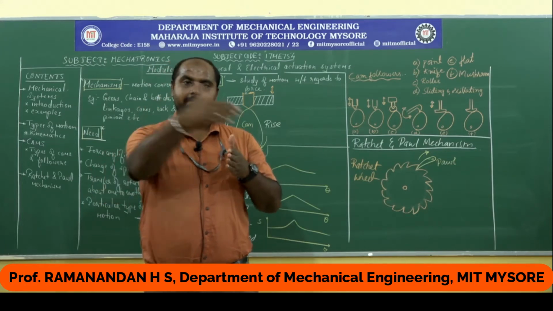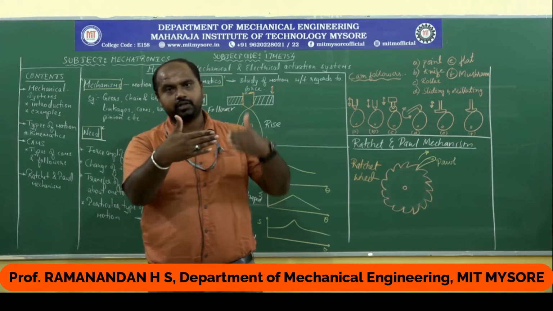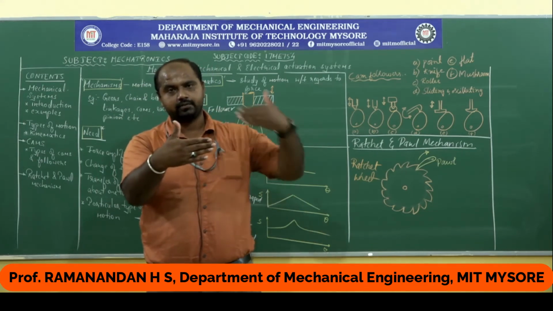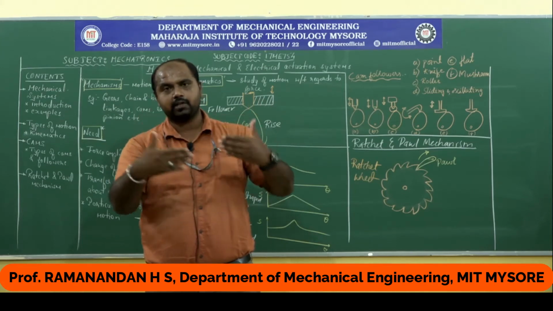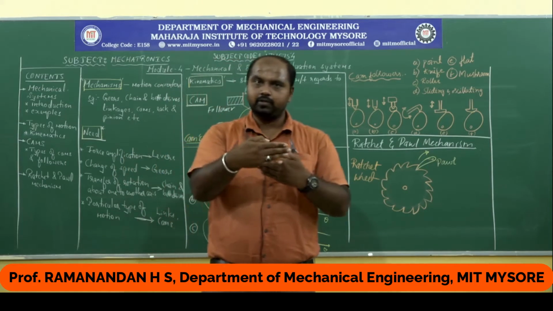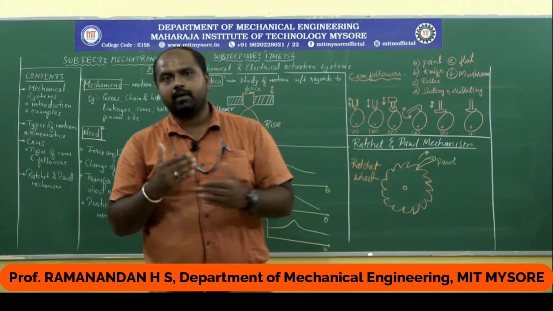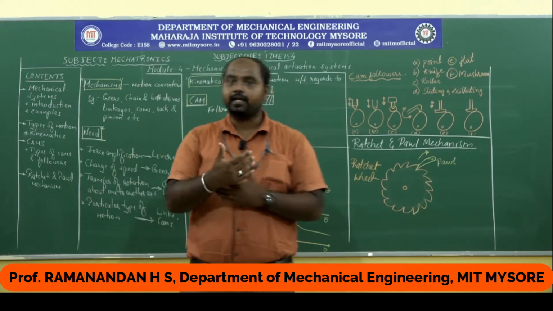If the rotation is happening in one of the axes, that is transmitted to another axis. This is possible because of a chain drive or a belt drive, the transmission of motion. That is why a chain or a belt drive comes under mechanism.